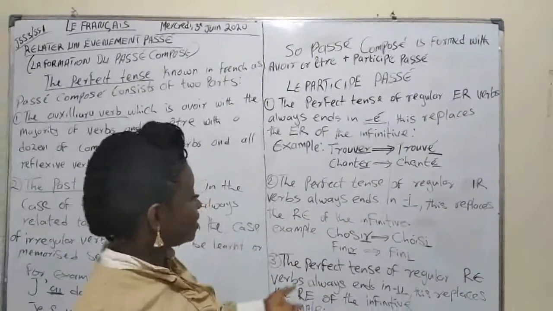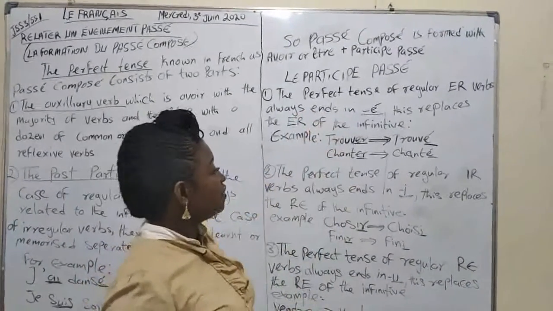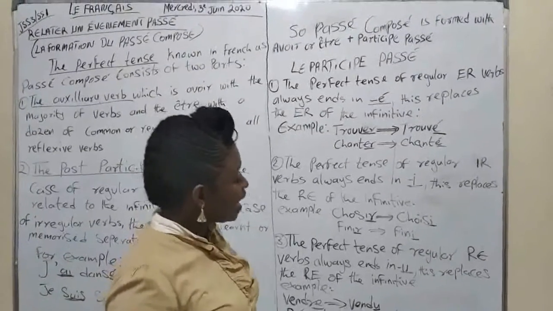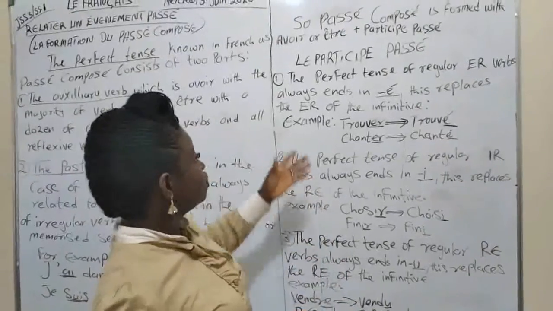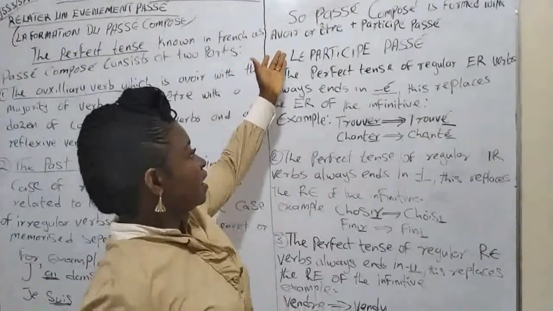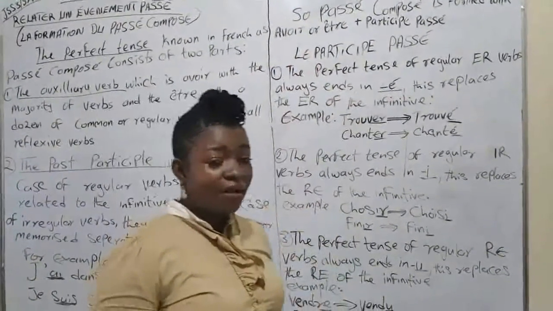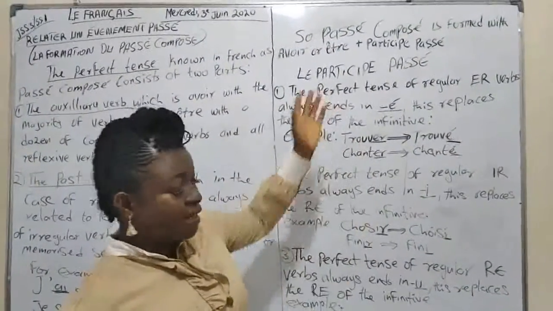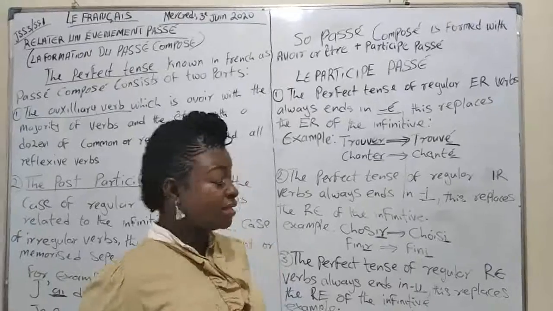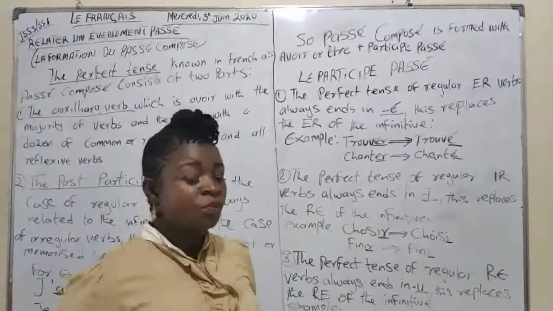So having looked at the different endings for the regular ER verbs, IR verbs, RE verbs, and having known that these verbs take on either avoir or être, most of them take on avoir. All the verbs listed here take on avoir as their auxiliary verb.